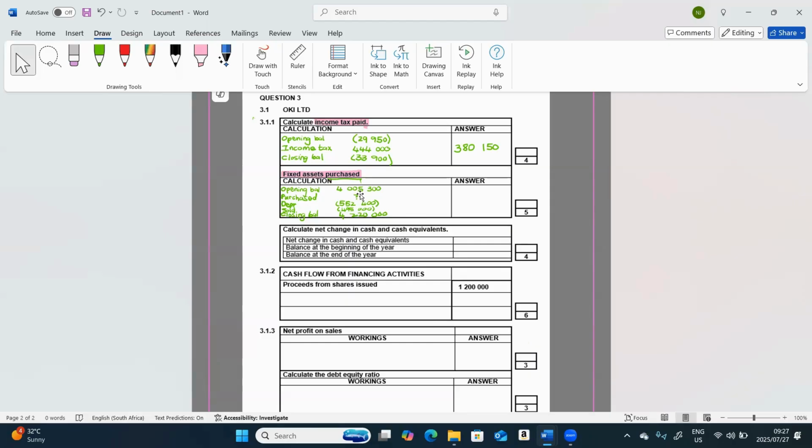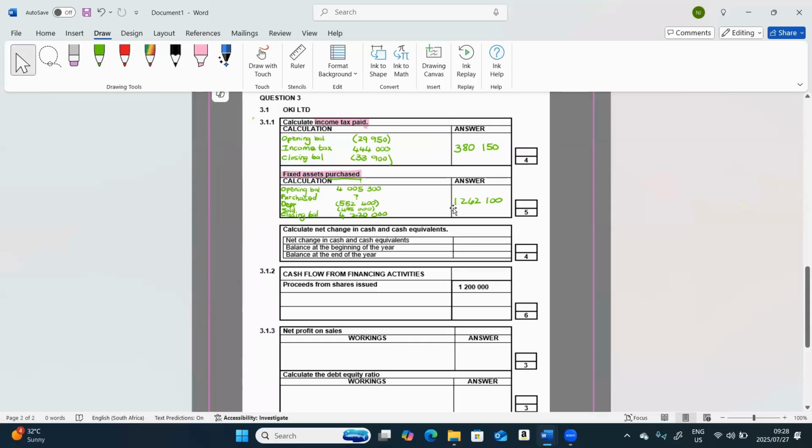And then when you do that, you will get your balancing figure. Let's write the answer. Guys, remember that this balancing figure, you can do it exactly as I did it over here. And then your final answer is going to be 1,262,100 rand. Okay, that is then your 5 marks for fixed assets purchased. This will then be at cost.